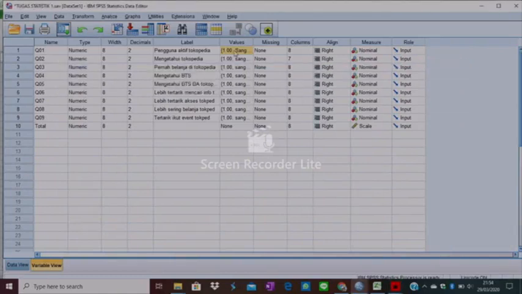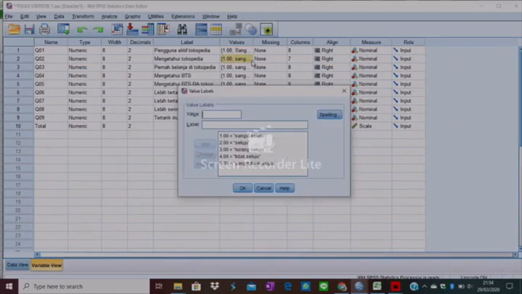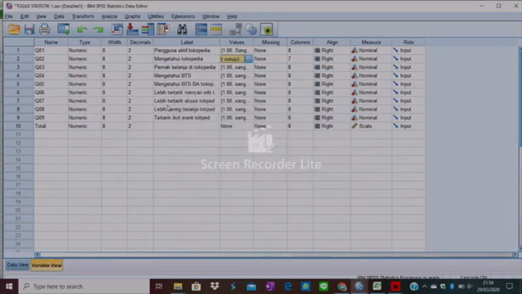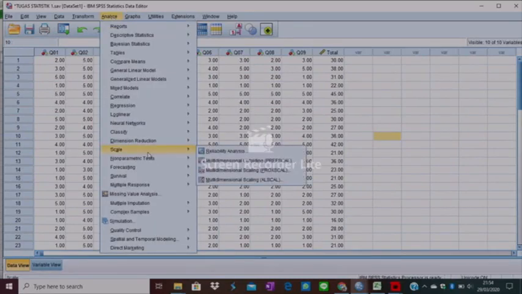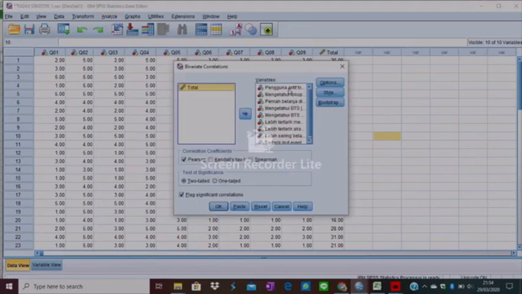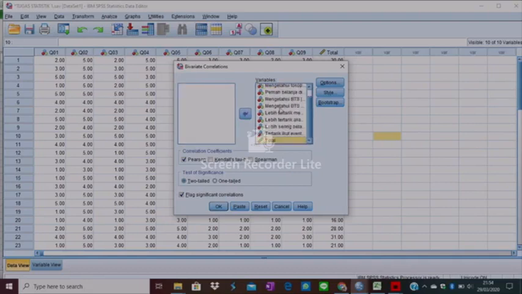Next, click Variable View and click Values Label like that to analyze the data, and then go back to Data View to analyze validity. Click Analyze, Scale, and Reliability Analysis, and move all of the variables from left to right, and then click OK.